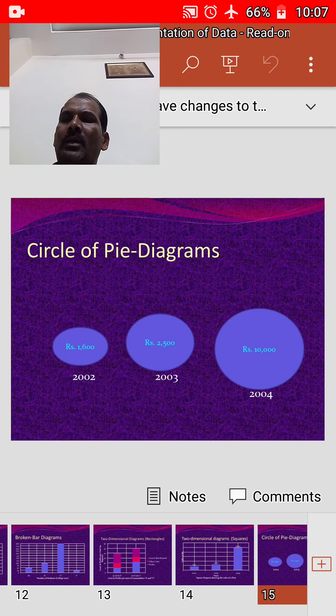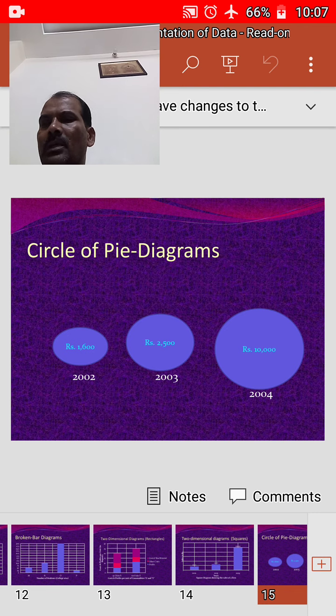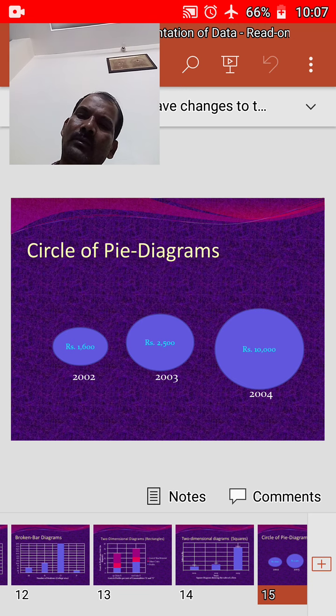The side of the square has been obtained. Sales of the firm during 2002 to 2004: the size of the circle increases with the volume of the sales, and we will observe the proportionate increase.